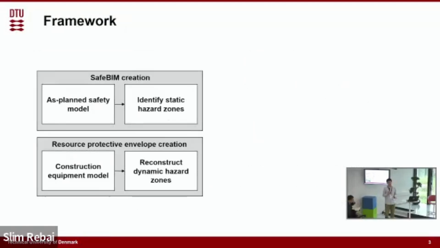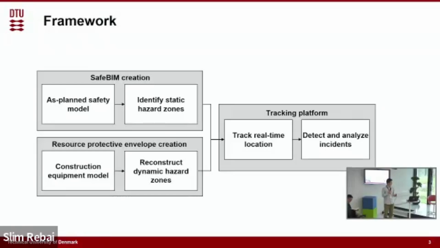And to answer the questions, we proposed a framework. The framework first utilizes existing methods. We create the safe BIM and resource protective envelope following others' methods. And then we create a tracking platform where the safe BIM and the resource protective envelope are integrated.